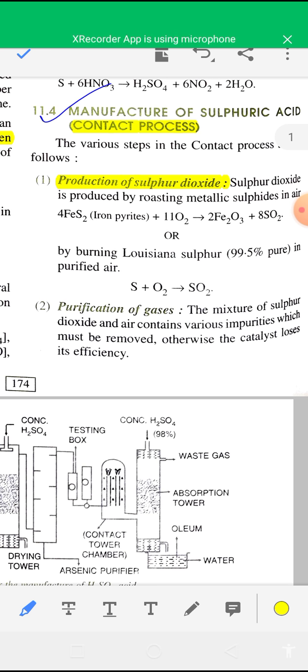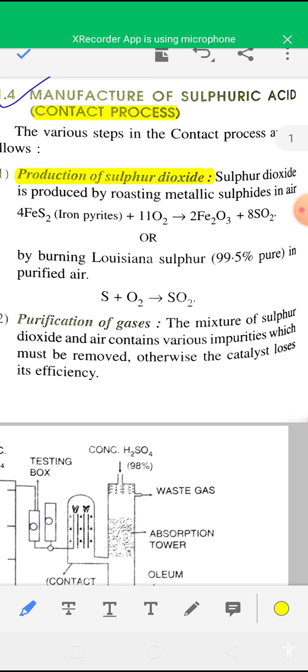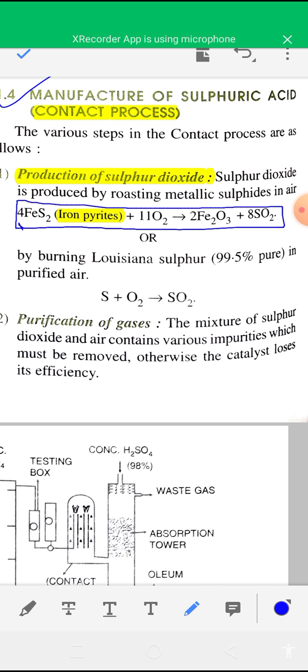Sulfur dioxide is produced by roasting metallic sulfide like iron sulfide, that is iron pyrites, in air. 4FeS2 plus 11O2 gives 2Fe2O3 plus 8SO2.